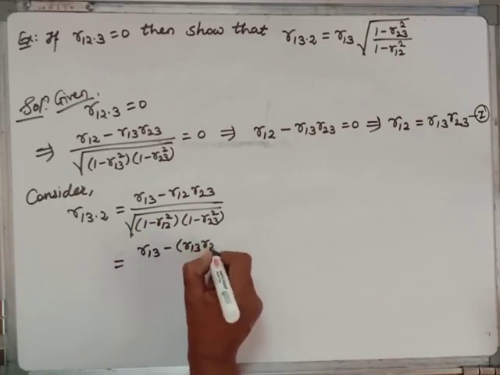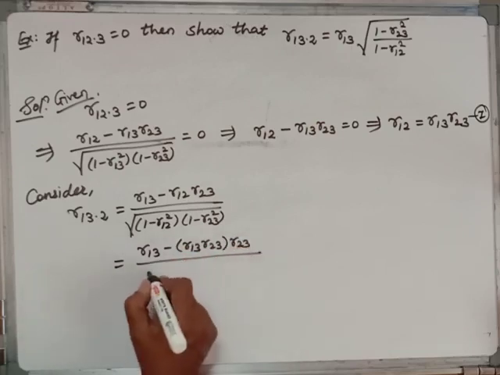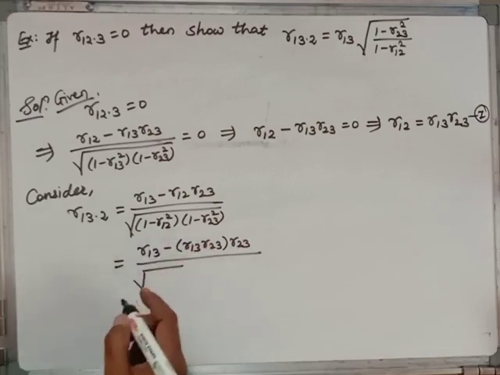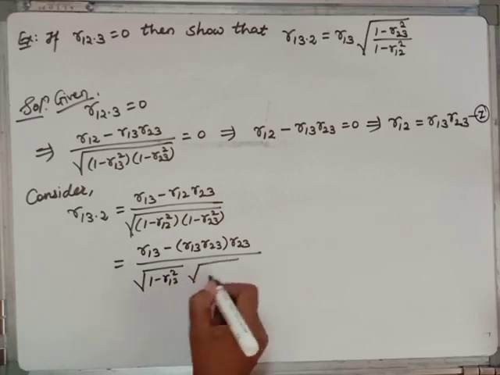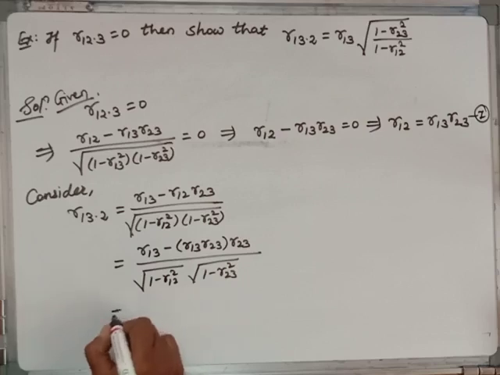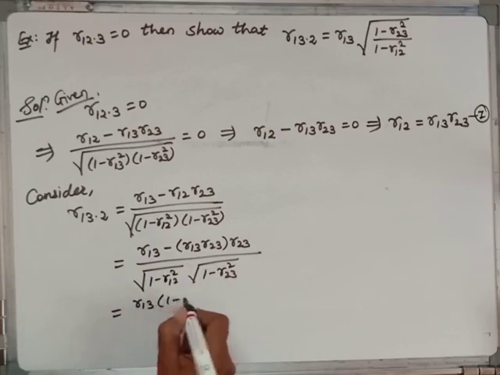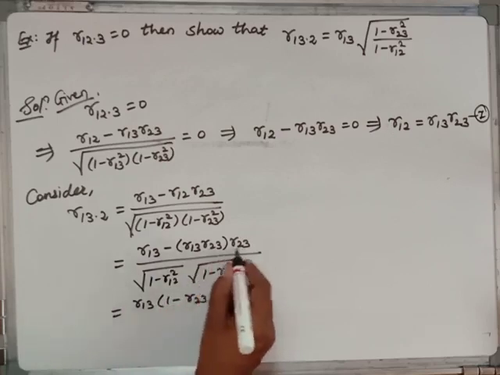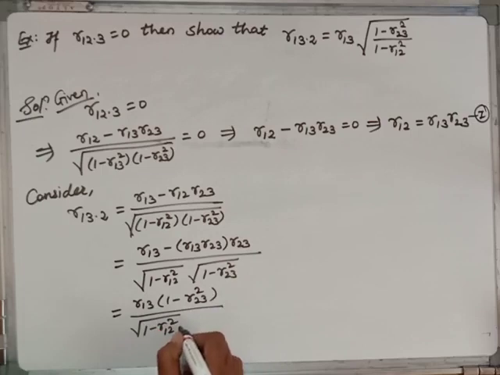R13 into R23 into R23 as it is upon, let me separate these roots, root 1 minus R12 square into root 1 minus R23 square. I can write them as such. Now take R13 common from here. What is left here? 1 minus R23 twice, so square, upon root 1 minus R12 square and root 1 minus R23 square.